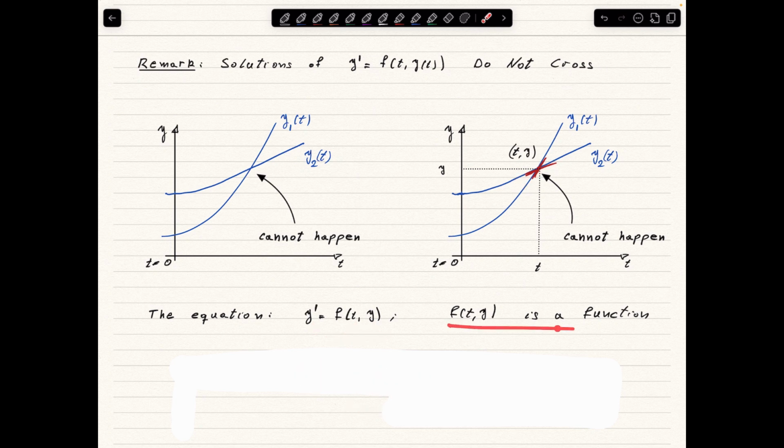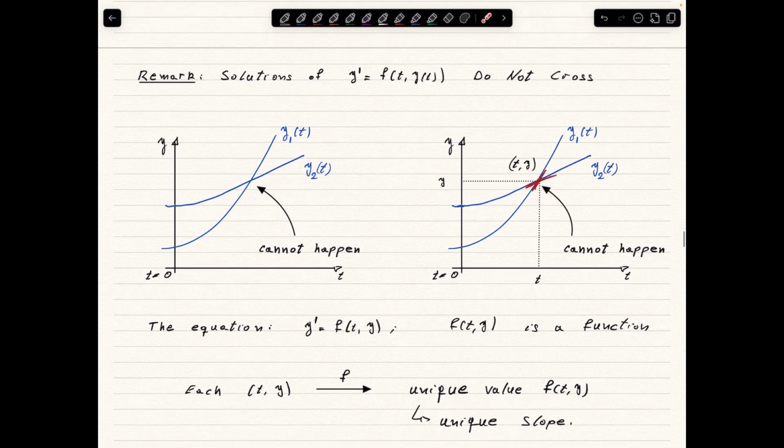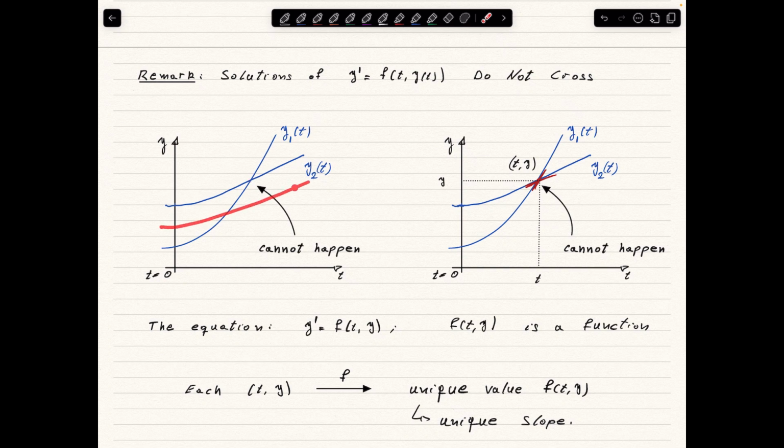But that cannot happen because f is a function. Because it's a function, f at each point (t, y) has a unique value, so a unique slope. This cannot happen. So solutions of a differential equation with different initial conditions can never cross each other. They have to be something like that, for example.